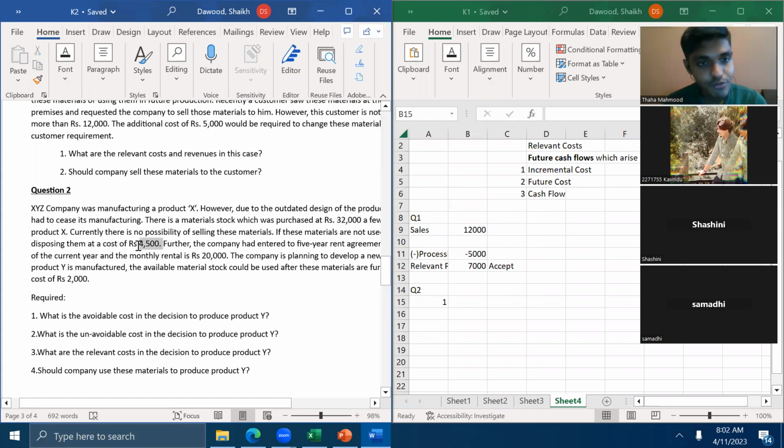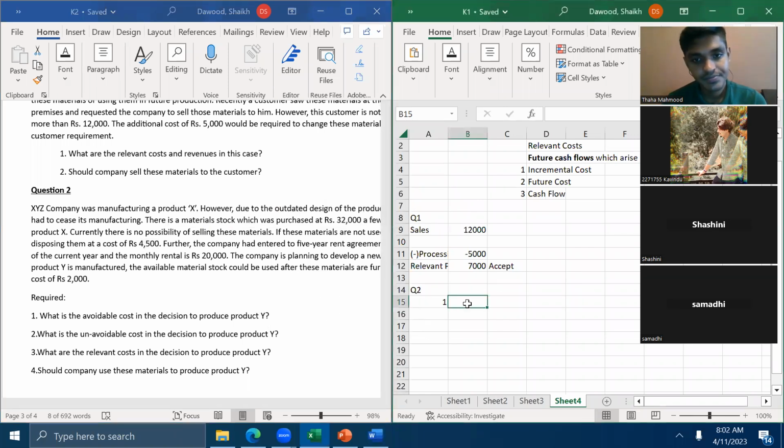But this 4,500 rupees we can avoid if we decide to produce Y, so this 4,500 will be the avoidable cost in the decision to produce Y. Remember, it is avoidable only in that instance. The second question is: what is the unavoidable cost in relation to producing product Y?